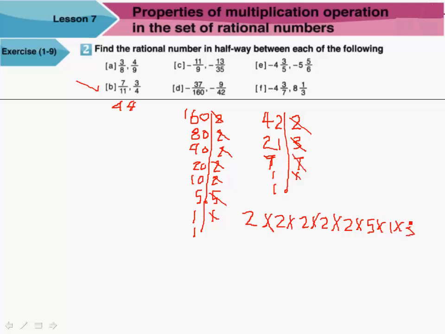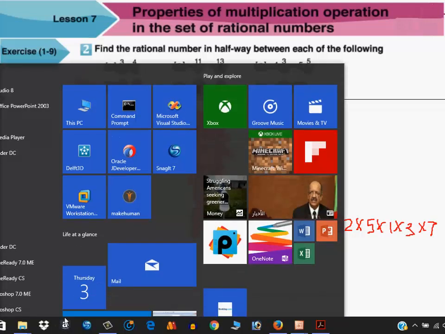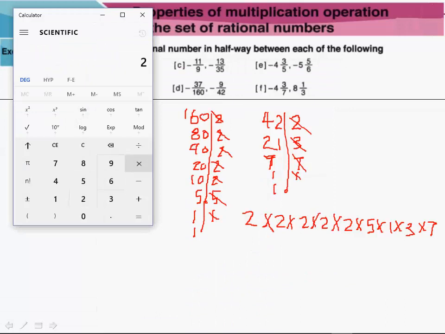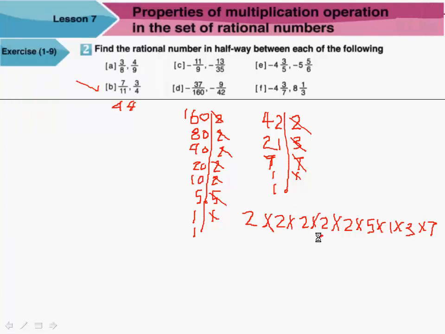And here we have 7. So multiply these using the calculator: 2 times 2 times 2 times 2 times 2 times 5 times 3 times 7. The result is 3,360. This is the common denominator between these two.